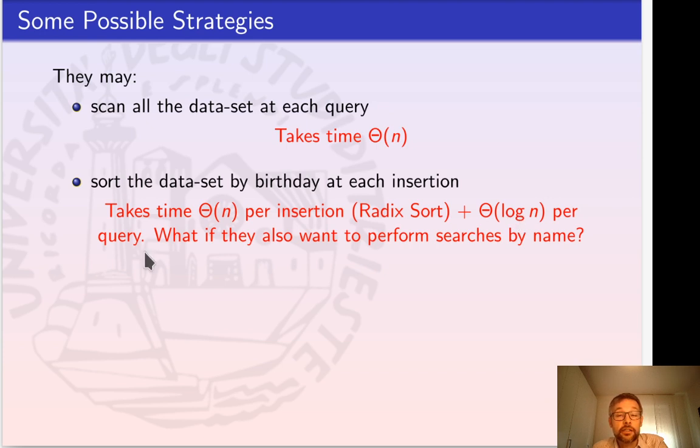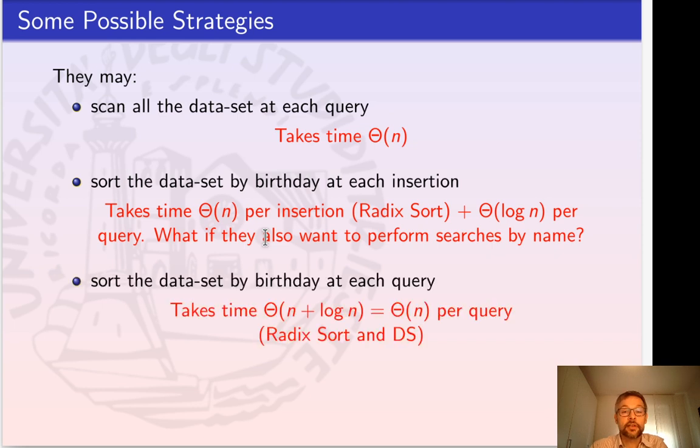And this is okay. I mean, it's not really okay, because again, each insertion takes this time, and each query takes this time. But what if we want to perform a search by name, for instance? We have to resort everything at each query. And this is not really nice, let's say.